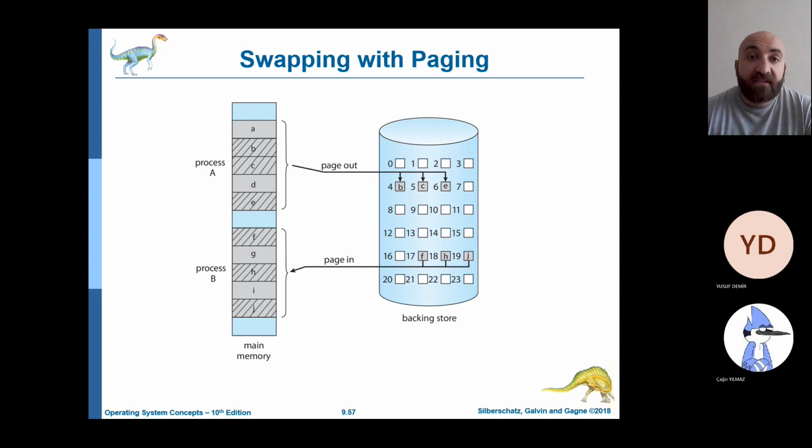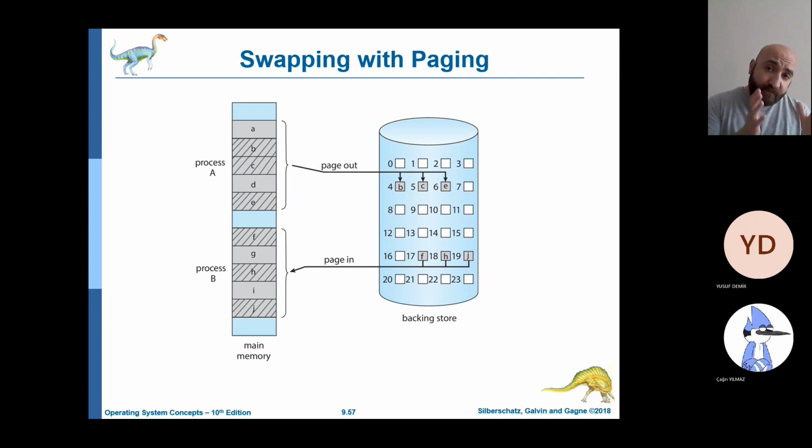Standard swapping was used in traditional Unix systems, but it's generally no longer used in contemporary operating systems because the amount of time required to move entire processes between memory and the backing store is too high. Instead, we can swap pages.